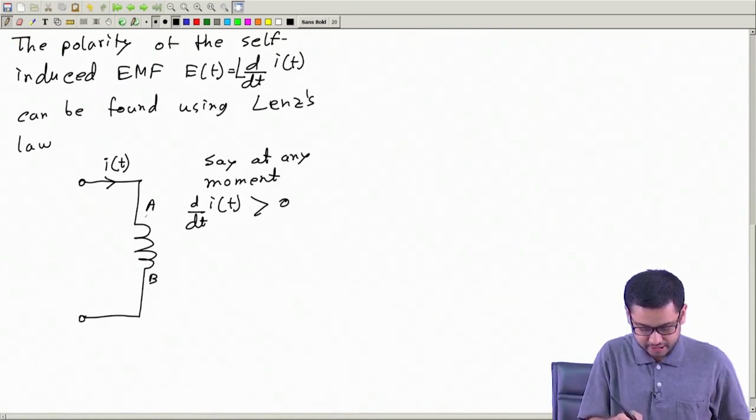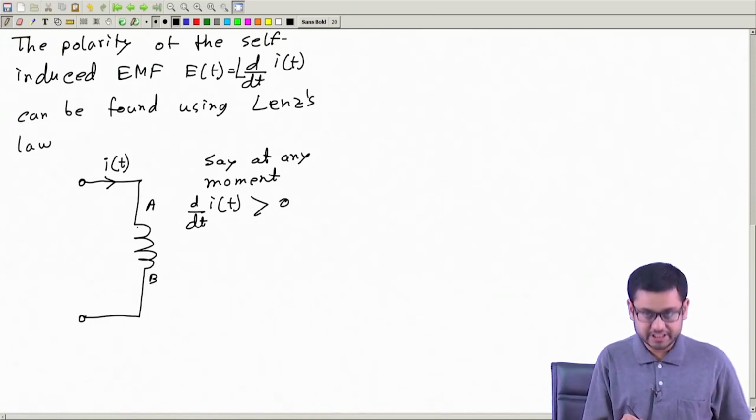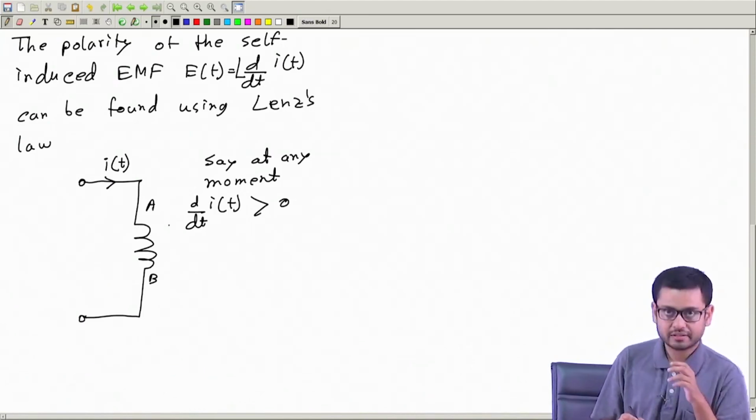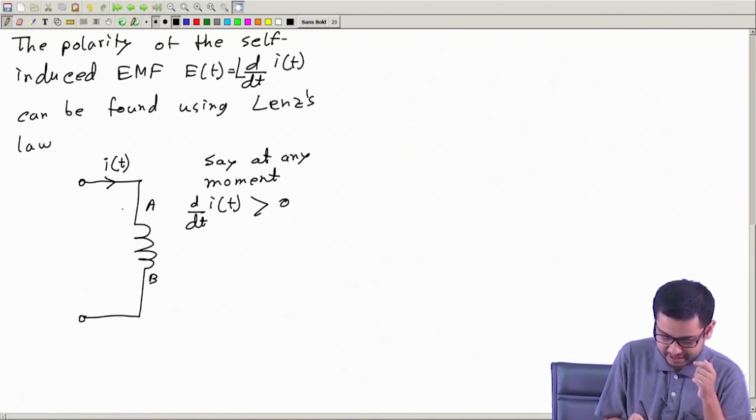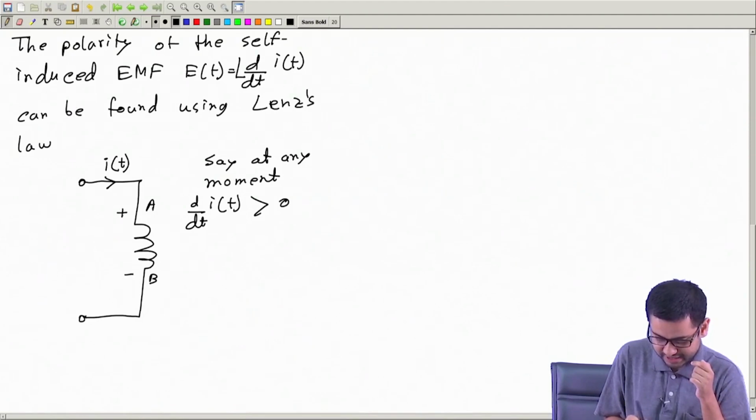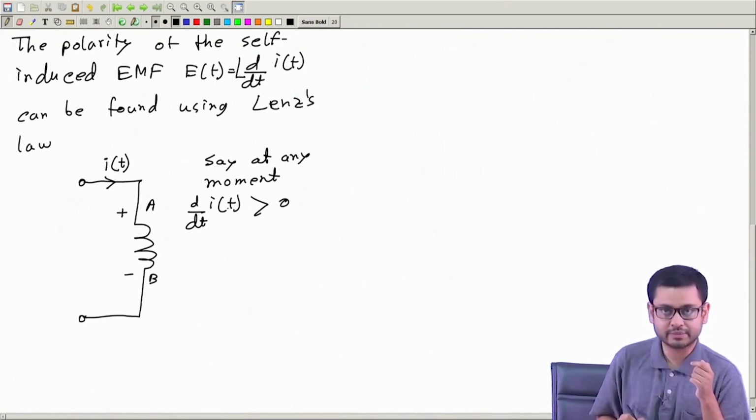But we say this current which is entering is increasing. Now it will generate an EMF whose polarity, I am telling you the answer, will be such that this side is positive and this side is negative at this moment when the current is increasing. The entering current is increasing.